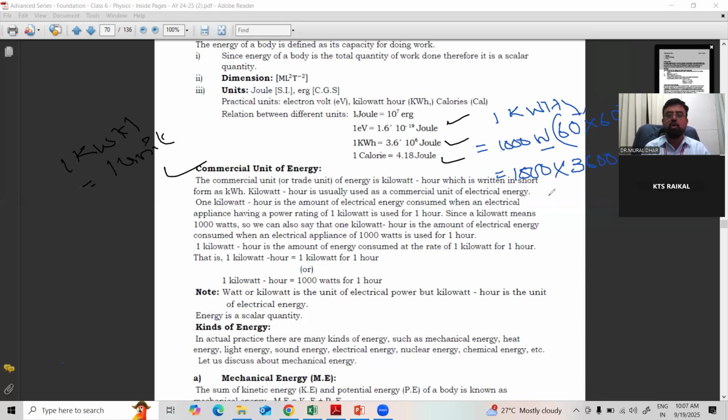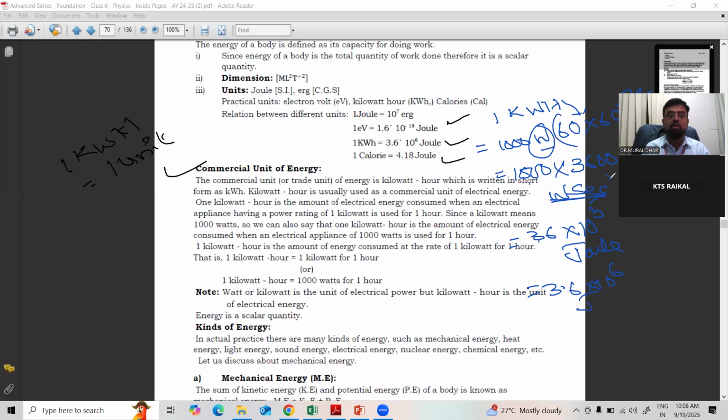Watt stays as it is, so we have watt second. So 1000 into 3600 is 36 into 10 power 5 watt second. Watt second is nothing but joule. 36 into 10 power 5, or you can write 3.6 into 10 power 6 joule.